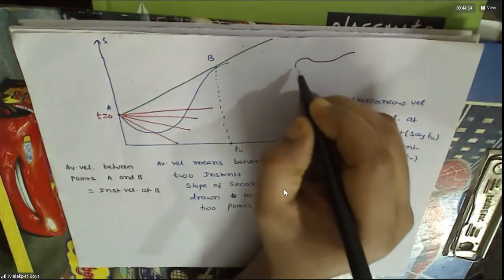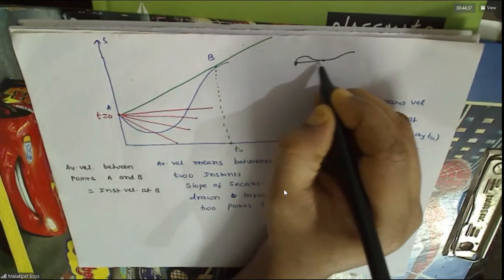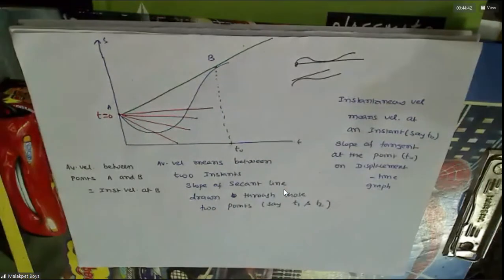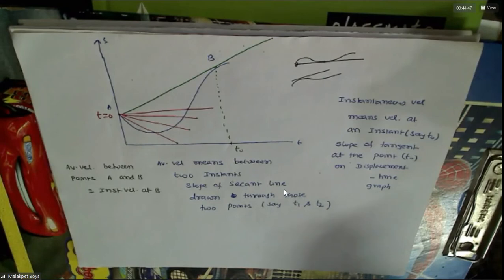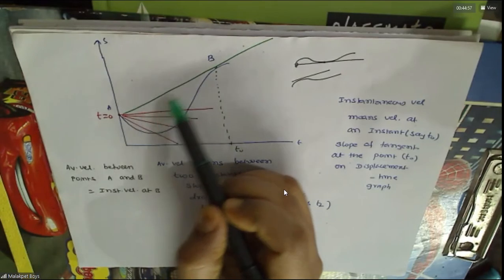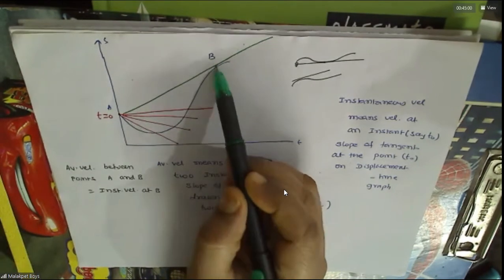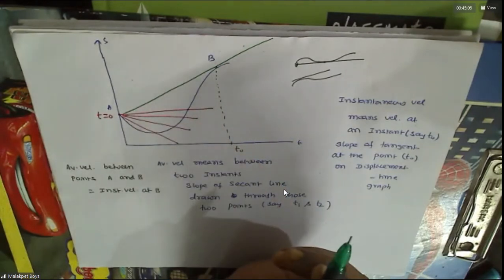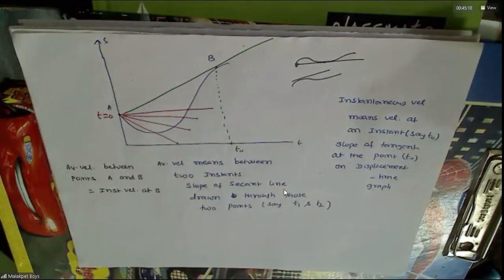You take any curve, any line that touches the curve at 2 points, that is a secant. At a single point it touches, that is a tangent. Now we can see this is a secant line as well as a tangent line. So the slope of the tangent line gives what? Instantaneous velocity. The slope of the secant line gives what? Average velocity. Understood this or not?